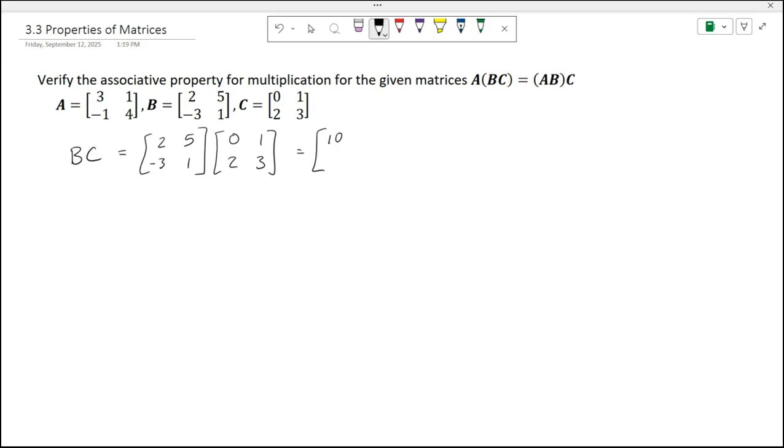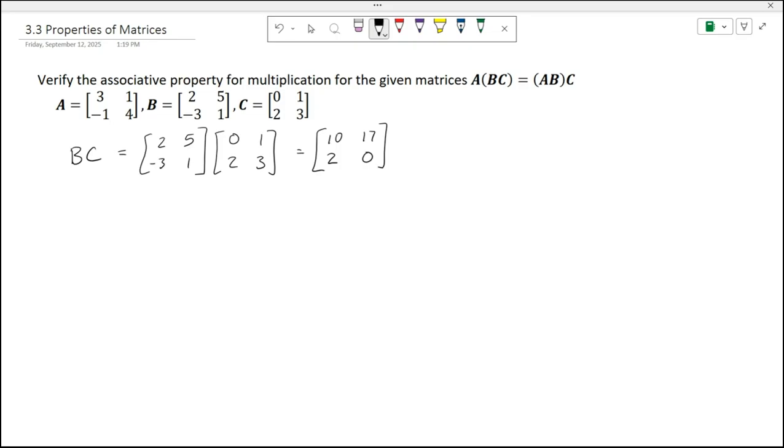So 2 plus 15 gives me 17. And that finishes off the first row. Now I go to the second row of the first matrix and multiply by each column of the second. So -3 times 0 plus 1 times 2 gives me just a 2. And -3 times 1 plus 1 times 3, well, that gives me 0. All right, so there's my first matrix.